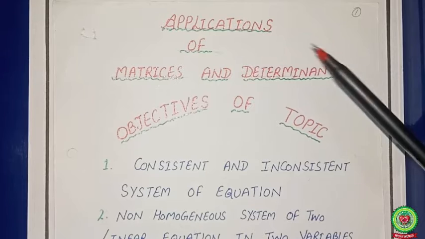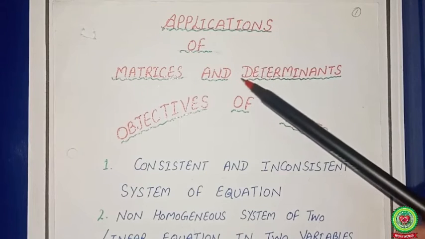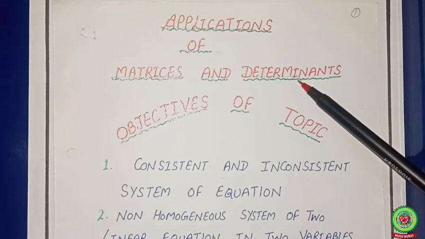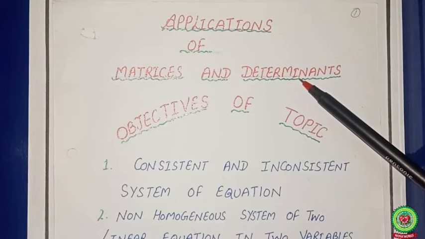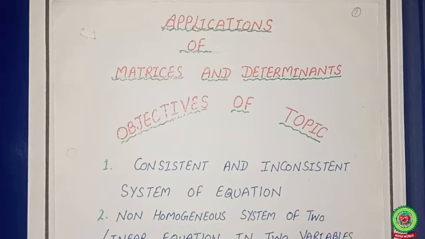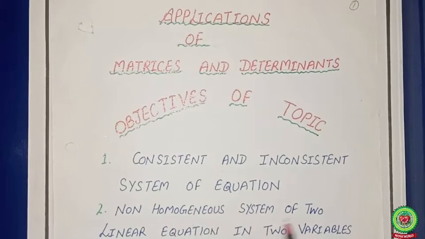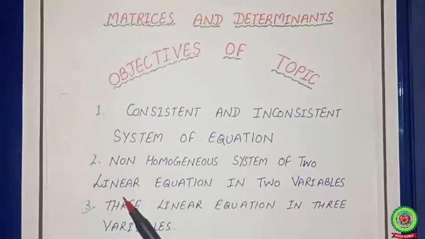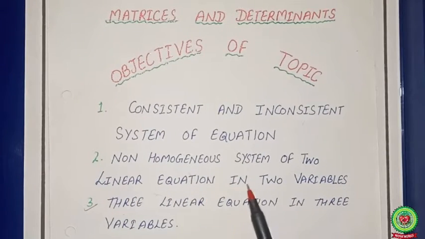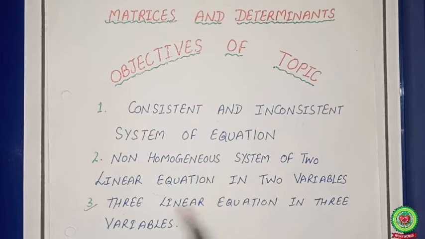Students, we have started application of matrices and determinants and we have completed its objectives. First is consistent and inconsistent system of equation. Second, we have discussed non-homogeneous system of two linear equations in two variables.